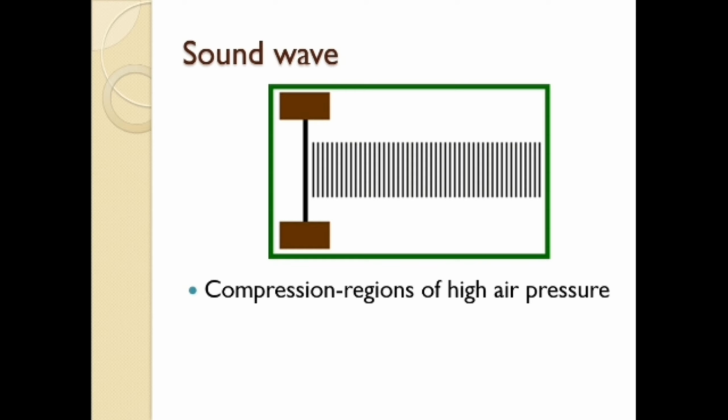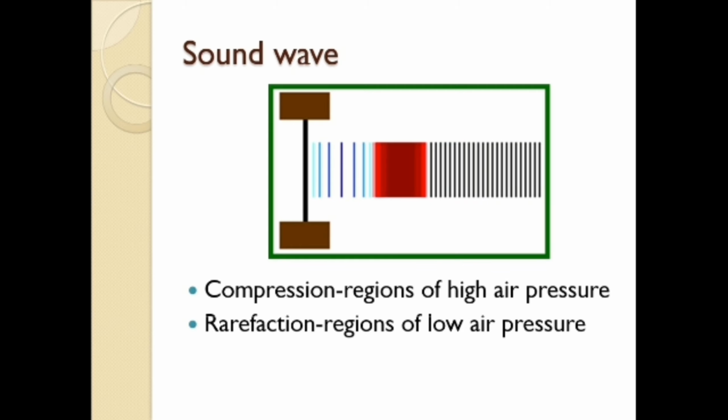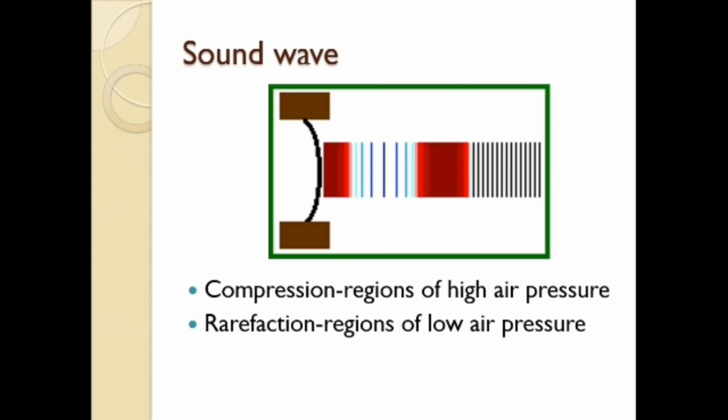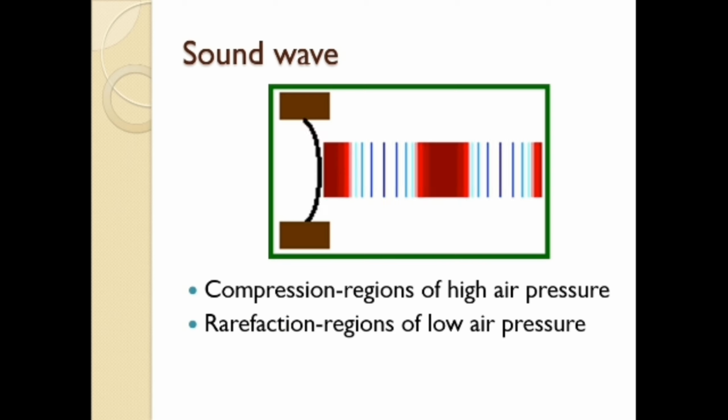You can see there the red part, that is compression, where the waves are compressed. And then the regions of low air pressure, where they are not that compressed, that is rarefaction. So again, the red is compression. And then the blue lines, that space is the rarefaction.